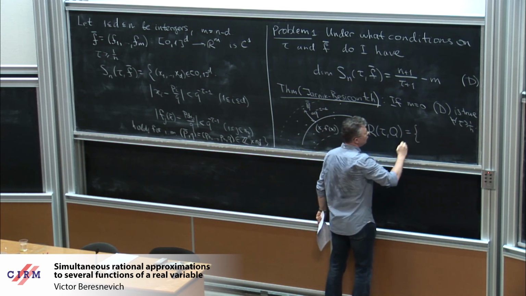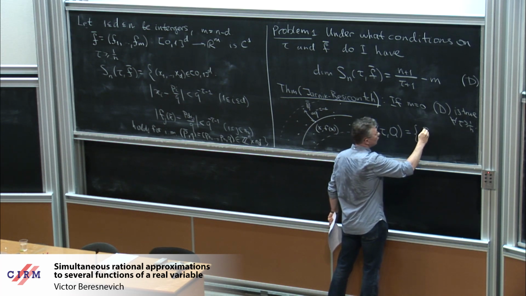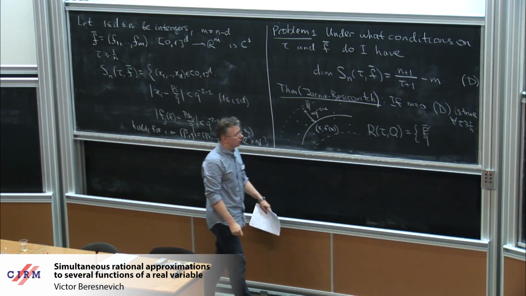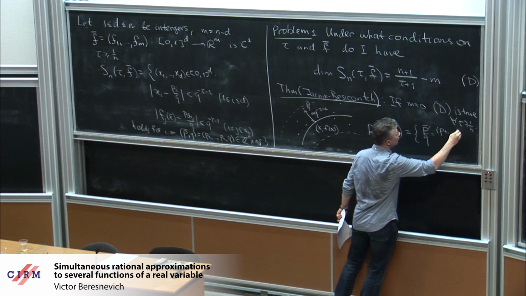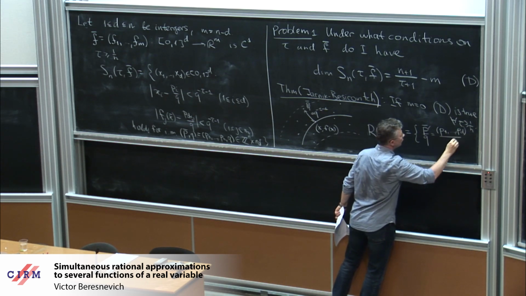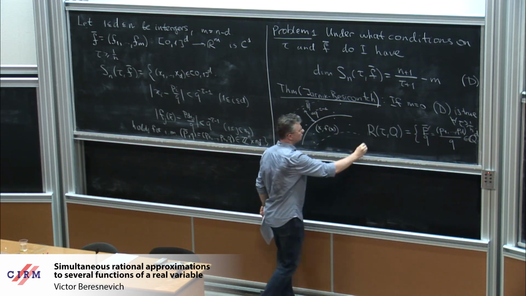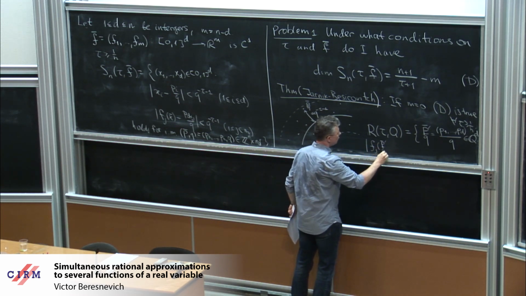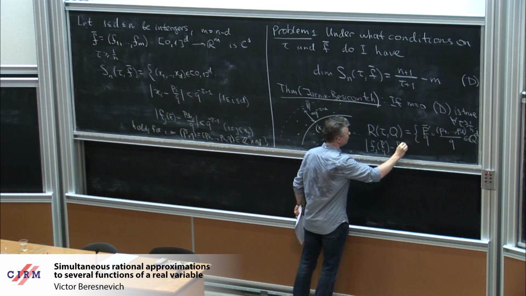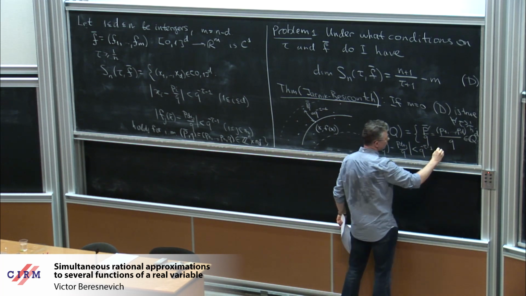So that's going to be the set of rational points p' over q, by which I mean I'm just taking the first d coordinates, such that |f_j(p'/q) - p_{d+j}/q| is less than q to the minus tau minus 1, and I've got a condition on the q.